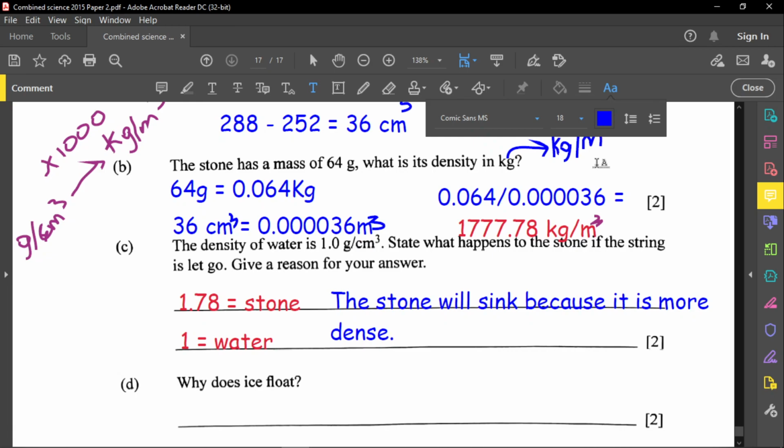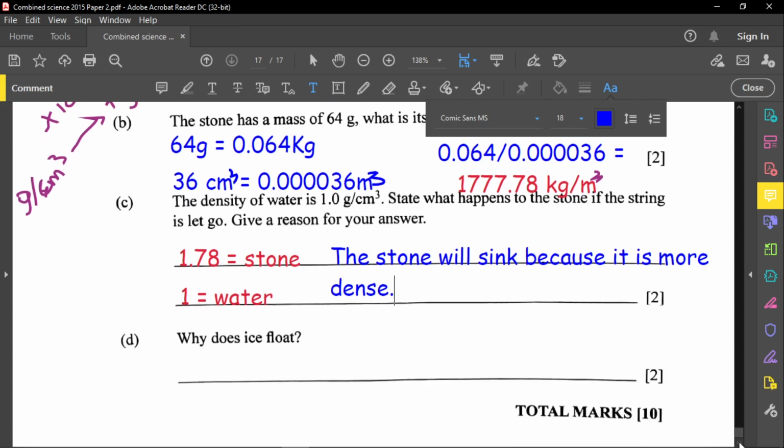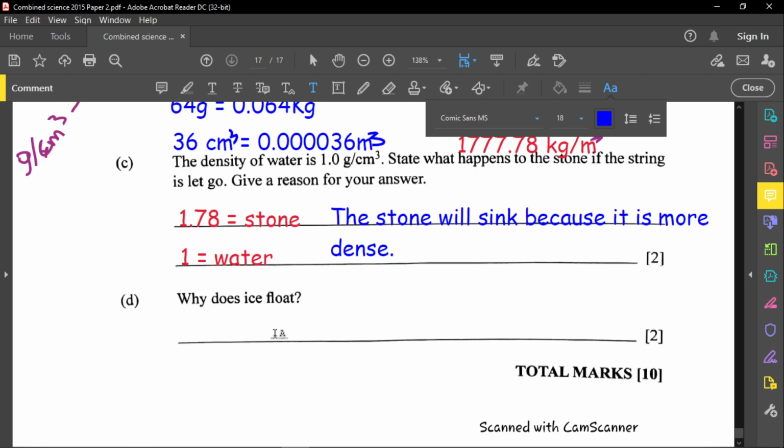Okay, and this is the last part of the question, right? It said, why does ice float? And ice floats because, this is only unique for water, because solid water is less dense than liquid water. So the solid form of water is less dense than liquid water.